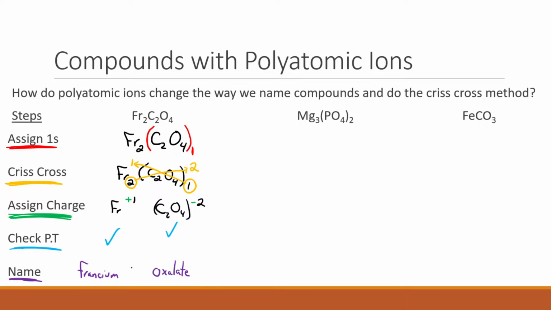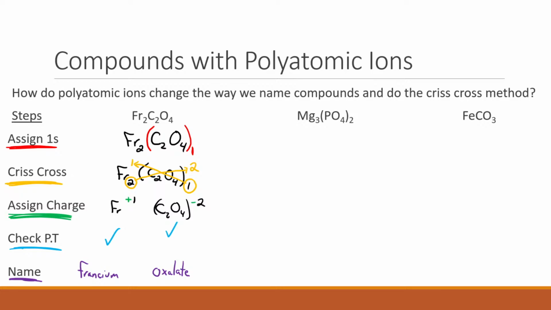Now, do we need a Roman numeral here? The only time we need a Roman numeral is if there are multiple oxidation states for francium. Right, multiple oxidation states for the positive ion.